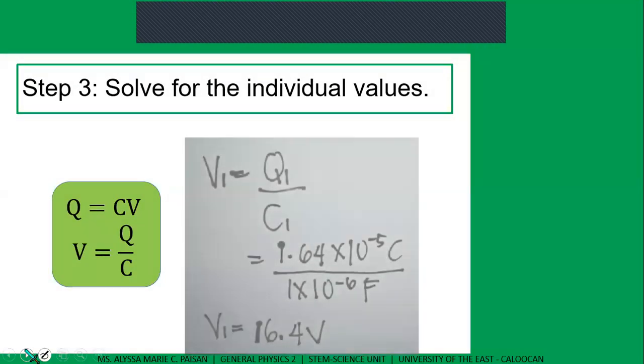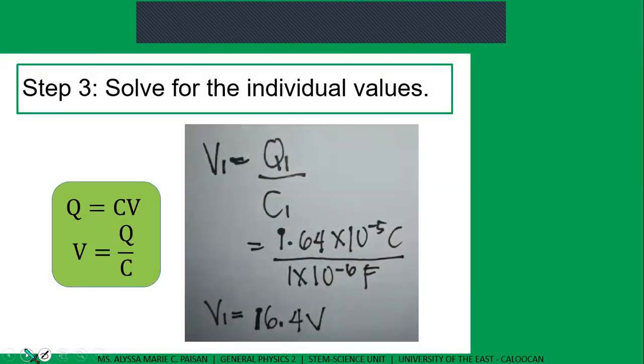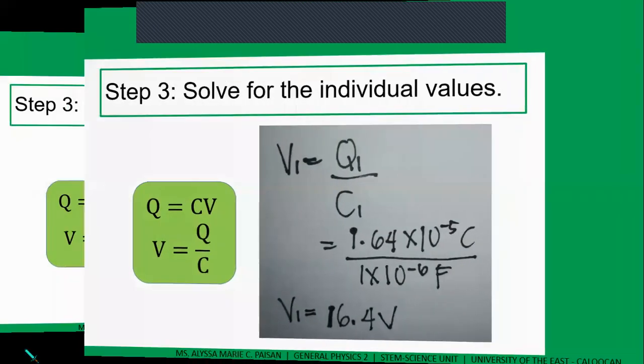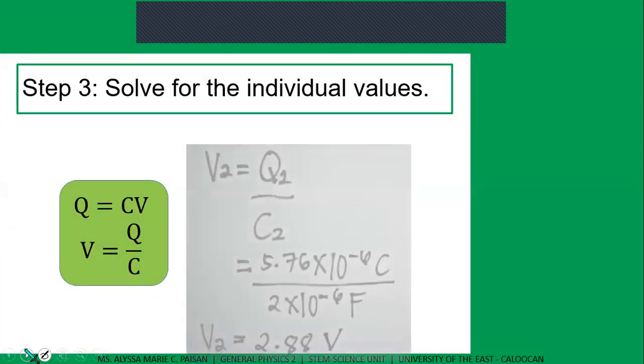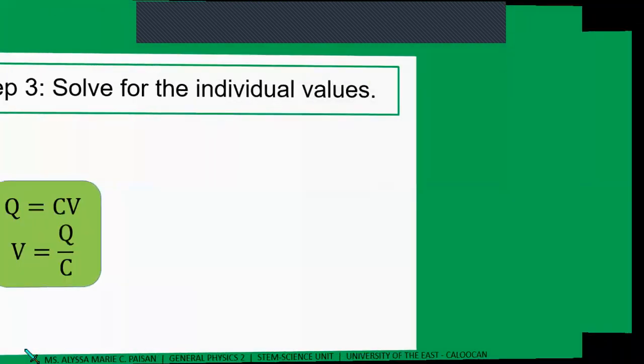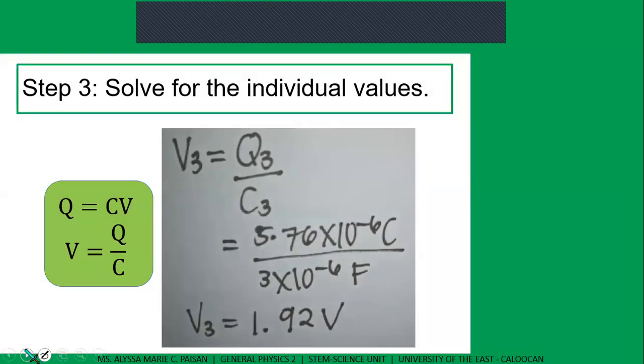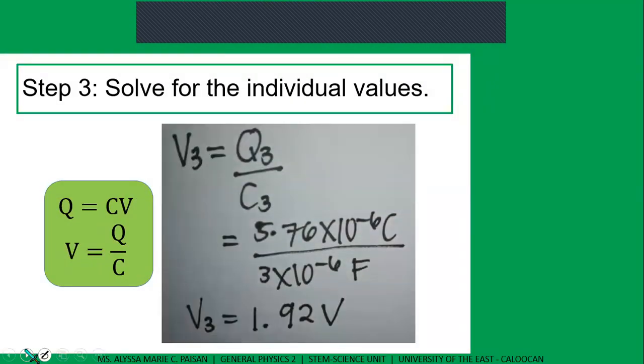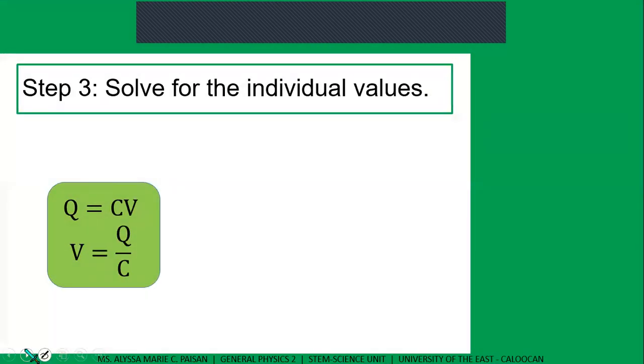Now let's get V1, that's Q1 over C1, and we get 16.4 volts. And then for V2, it's Q2 over C2, we substitute and we get 2.88 volts. For V3, that's Q3 over C3, we substitute and we get 1.92 volts.